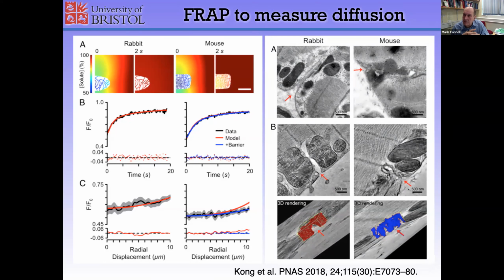And when we looked with electron microscopy at the surface of the cell, looking at the t-tubule mouths, we could see that the rabbit, where we didn't need a barrier, looked like it was sort of continuous with the extracellular space. There's quite a neat mouth to it, highlighted here. And when we look in a 3D rendering of a tomogram, we can see it looks like a tubular entry into the interior of the cell.